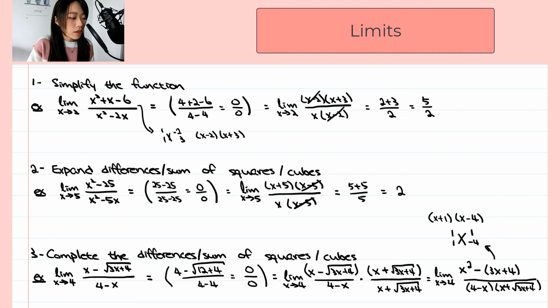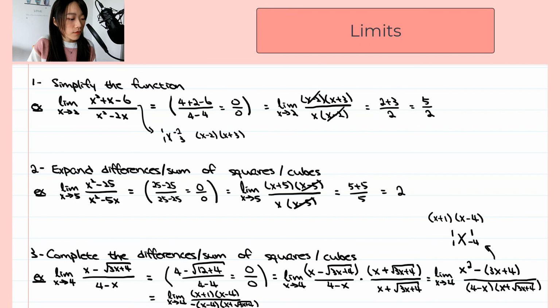So we can simplify the numerator and rewrite this as limit as x approaches 4 of x plus 1 times x minus 4 over, let's factor out negative 1 from the 4 minus x. So the denominator is negative x minus 4 times x plus square root of 3x plus 4.